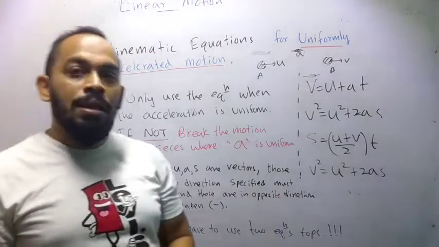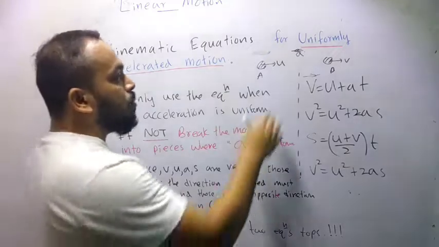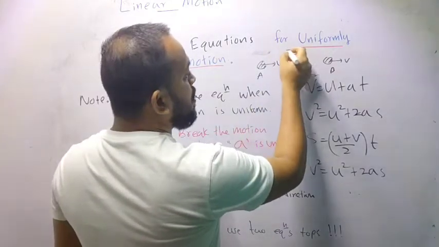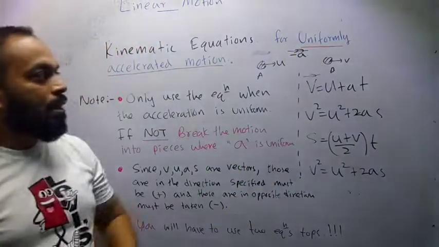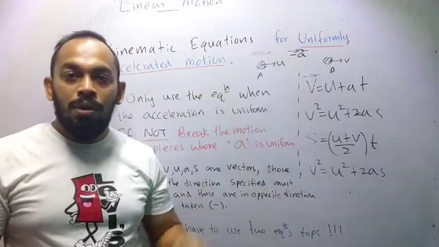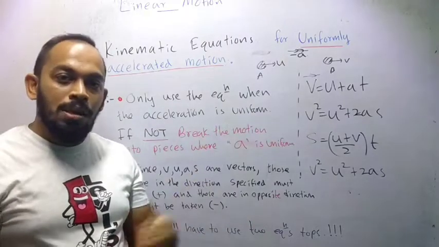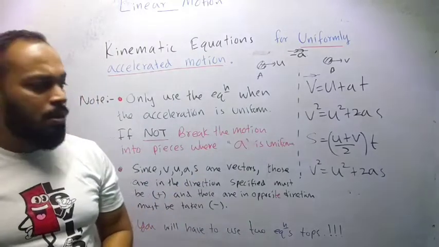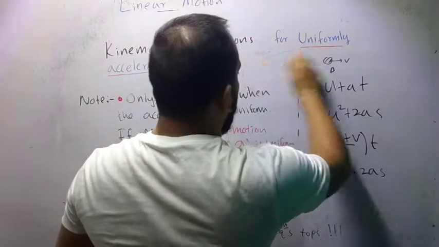But to make things simpler, we change the direction of A and put a negative sign. So in that case, all our vector quantities are in the specified direction. This is how we can simplify problems before we solve them. You don't have to write this down here.